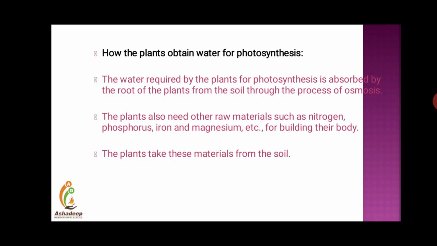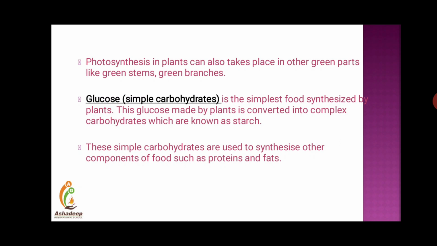In this water, many materials are dissolved, like nitrogen, phosphorus, iron, magnesium, etc. These minerals are also taken by plants from the soil. Photosynthesis in plants can also take place in other green parts like the green stem and green branches.